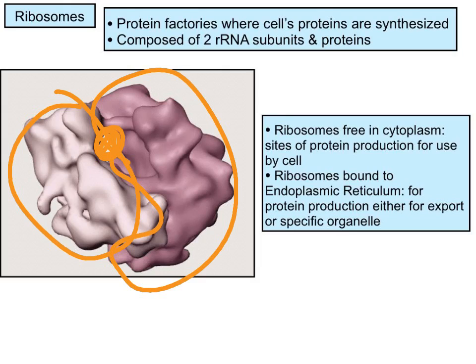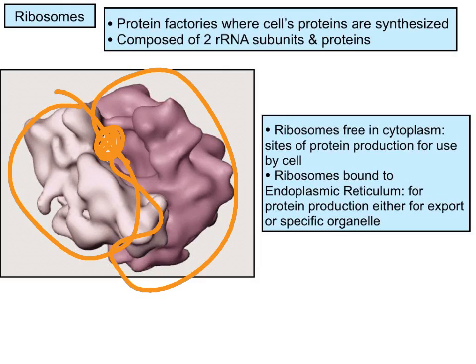So our ribosomes we can think of as these protein factories. They're making proteins, building blocks of our body, right? We need proteins. These proteins are incorporated into our cells, into our organelles, into our tissues, all over. And it's our ribosomes that make them. Now, ribosomes can be either free in our cytoplasm, so floating around, and these generally are sites of protein production for use by the cell.